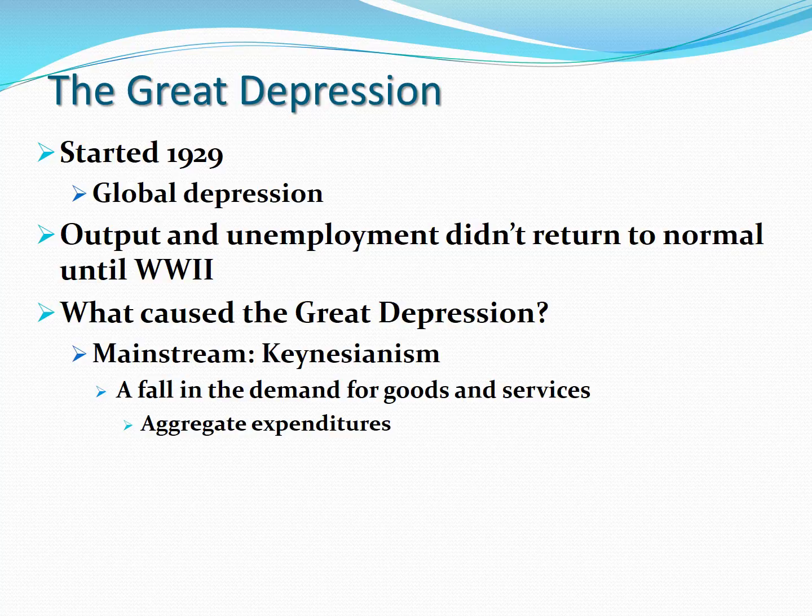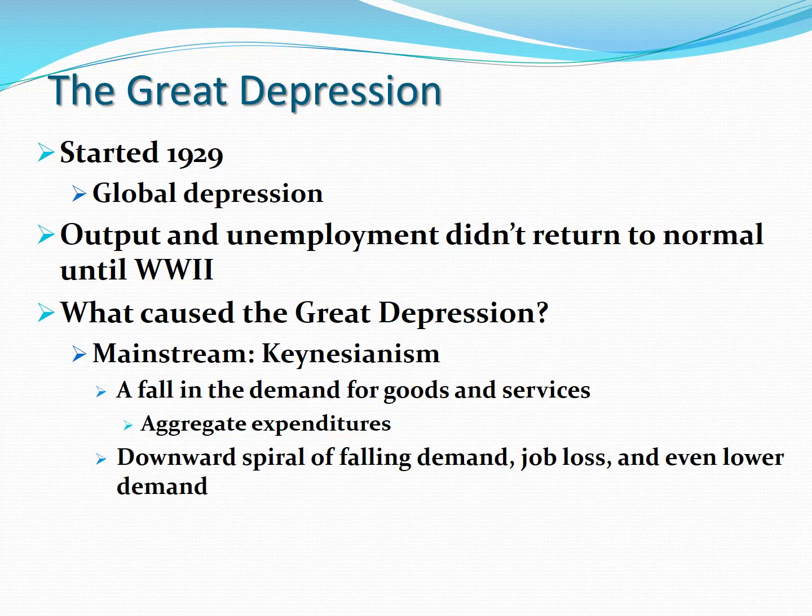It's certainly an important concept, but this was Keynes's idea. And those aggregate expenditures fall. There's a downward spiral of falling demand then, and then of course businesses, if they're not selling items, then they're not going to need people working, and they'll lay people off, and then there'll be even lower demand. And it cycles.